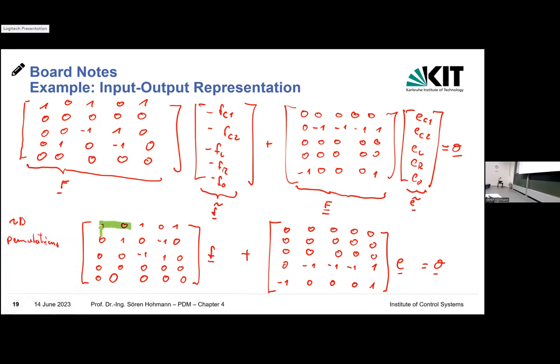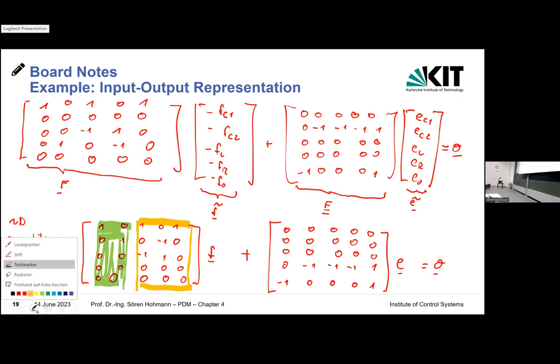I'll take this matrix here, and the second one, orange. And over there, the first three. And a blue one, last two.